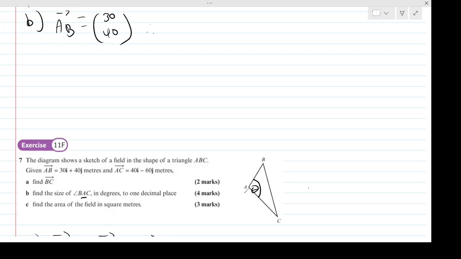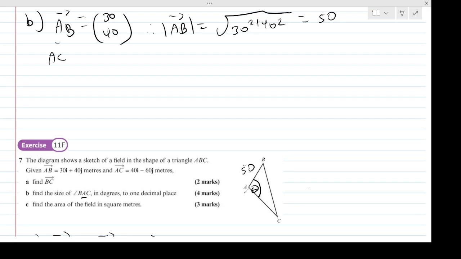So therefore the magnitude of AB is going to be root 30 squared add 40 squared, which would be 50, okay? And then we can add that on. So the length AB is 50 here on my triangle. Then A to C, we're given to be 40 minus 60.